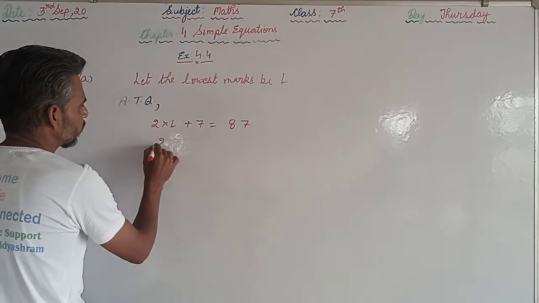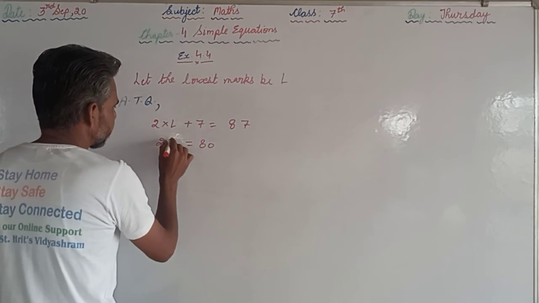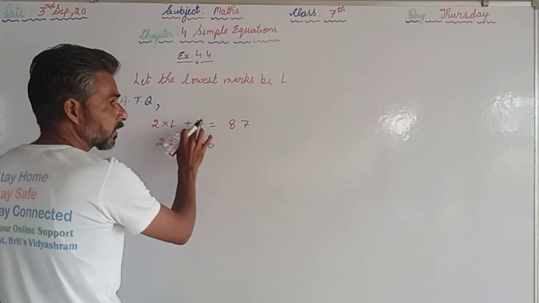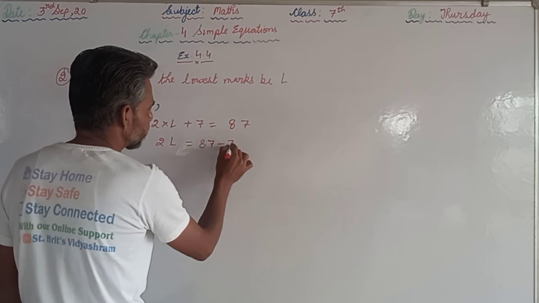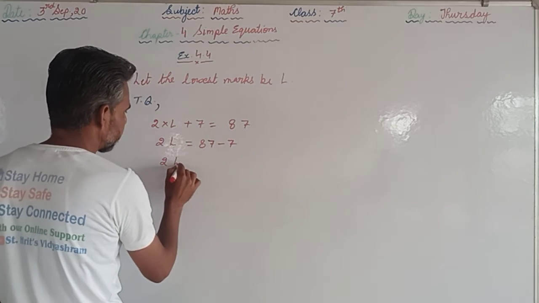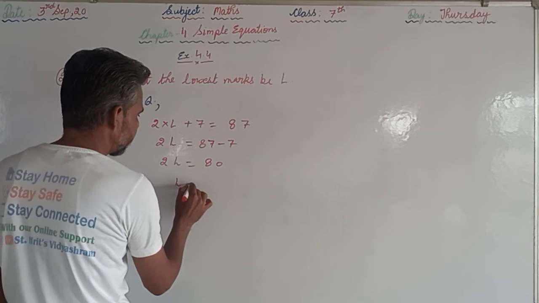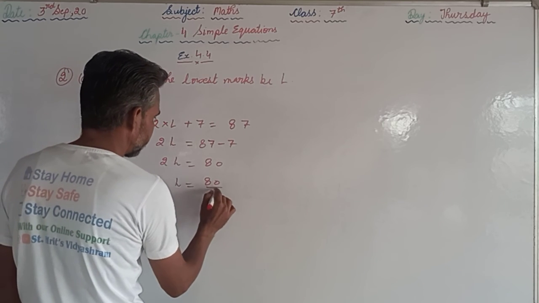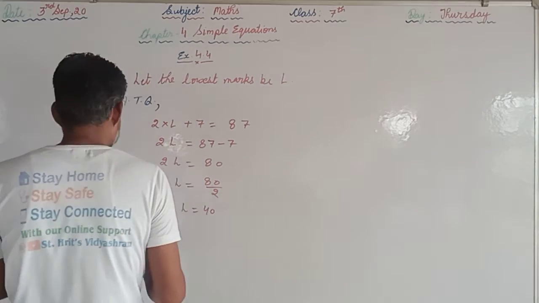So from here 2L is equal to 87 minus 7, because plus 7 will become minus 7. So 2L is equal to 80, and L will be 80 upon 2, and L will be 40.